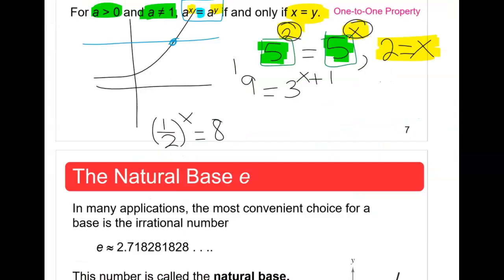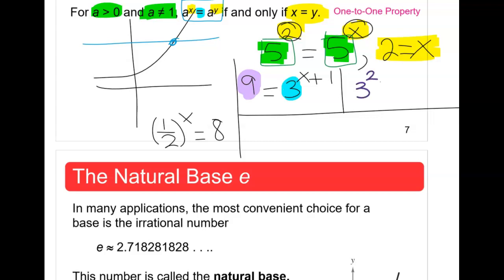So let me actually give you some examples from the textbook. Okay, so I found some examples in your textbook. Let's solve them. The first one here: 9 equals 3 to the power x plus 1. What I need to do is change this number 9 so that it's also written with a base of 3. So 3 to the power 2 will give us the exact same thing as 3 to the power x plus 1.